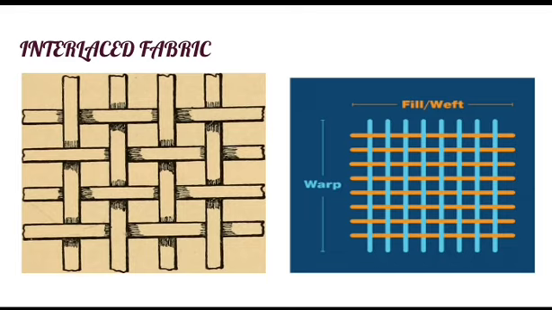Warp yarn is indicated in blue color. It's in vertical direction. And weft yarn is indicated in orange color. It's in horizontal direction. Here the weft yarn is the filling yarn, because the warp yarn stays stable and the weft yarn moves up and down through the warp yarn. This results in the interlacing process. Finally we get the fabric.